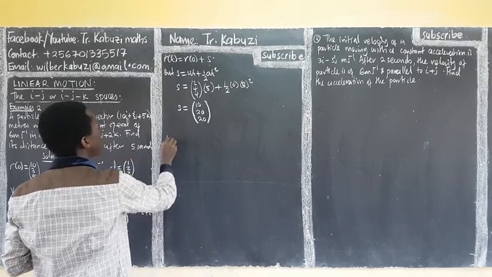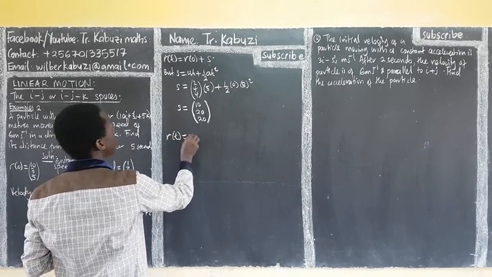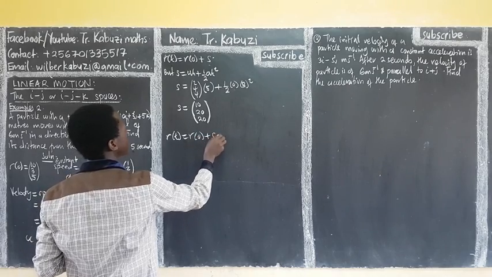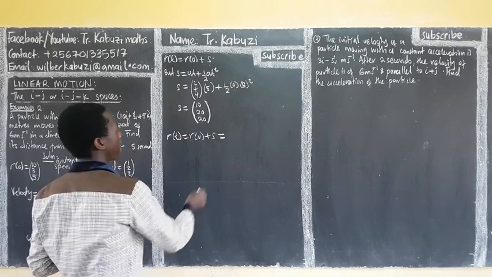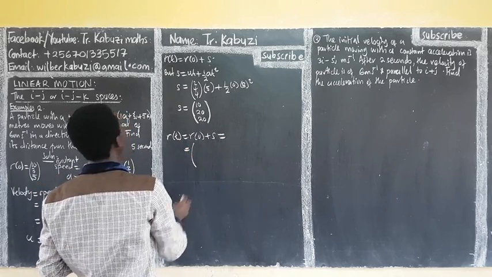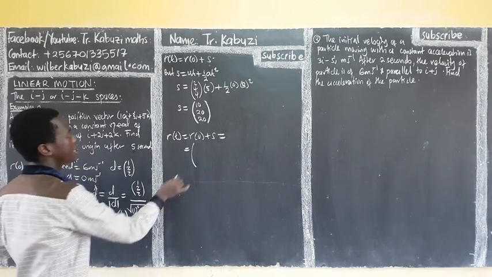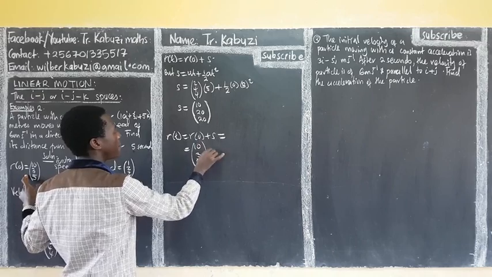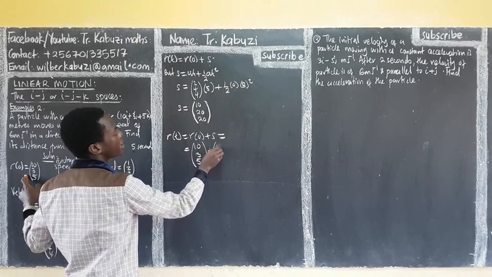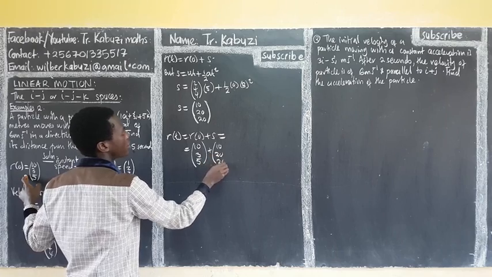Then our r of t is r plus s. Substituting, it is 10, 3, 5 plus our s, which is 10, 20, 20.